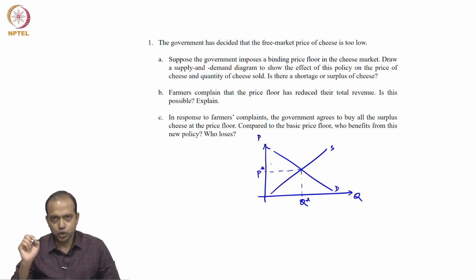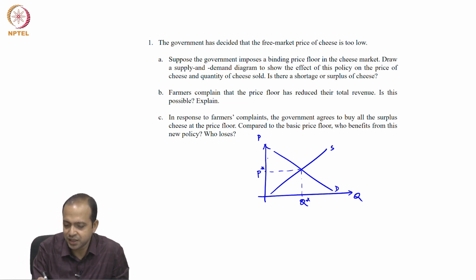If the government sets a floor price lower than P star, that is called a non-binding price floor, because anyway P star is very low and you are setting a price which is again lower than P star. So, that won't serve the purpose. That is why we say that setting a price floor lower than the equilibrium is not binding. If you want to set a binding price floor, that must be set above the equilibrium price.